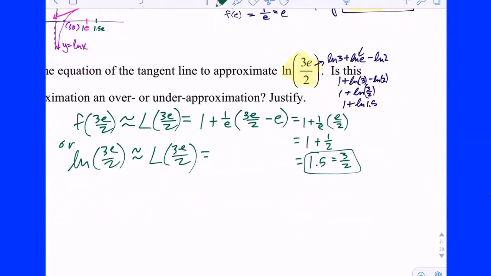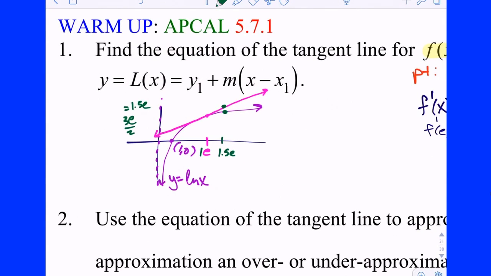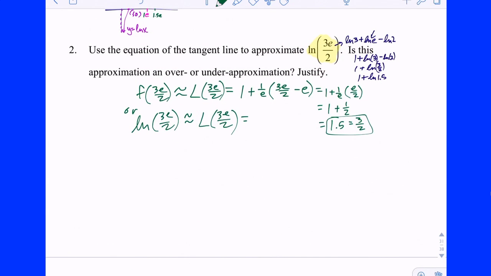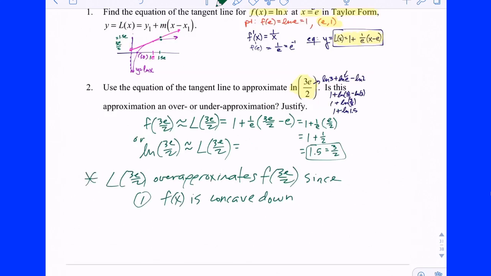Now we know it's an over approximation. We are going to have to justify. Now if you have the graph, you could say since the graph is concave down, okay, so let's go ahead and state that. L of 3e/2 over approximates f of 3e/2 since, and then here's one argument, since f of x is concave down, where is f of x concave down?